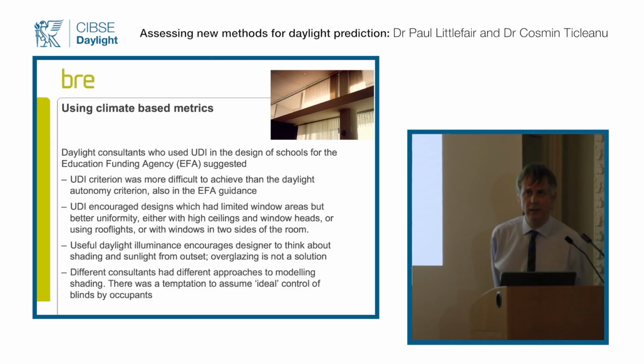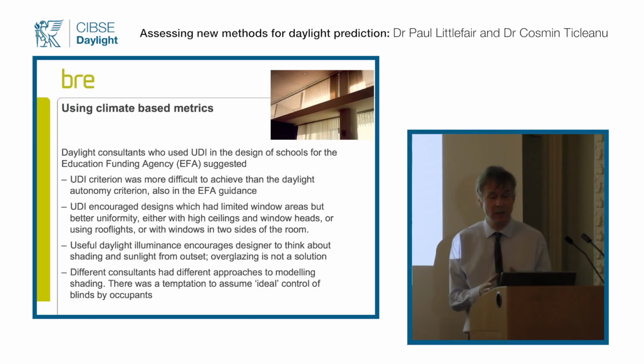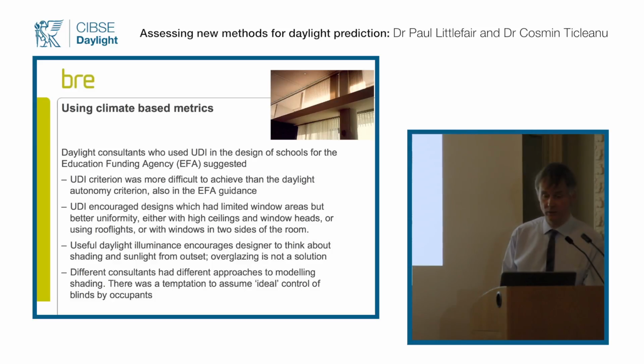So you design this space with lots of daylight, and you compartmentalize out the shading, thinking we'll worry about it later: if it's too bright, we'll just do shading. Whereas useful daylight illuminance encourages you to think about shading at the outset, because you've got to do this within your useful daylight illuminance calculation.